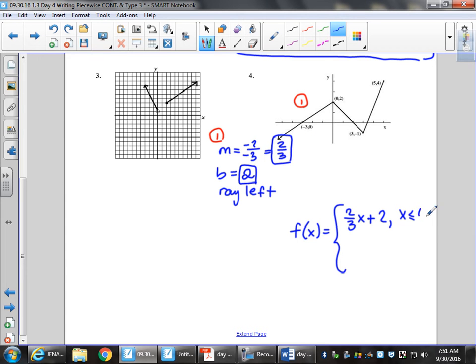X less than or equal to 0. Now, we don't have any real world scenario here to assign values. So as we make our way through, we will allow the equality to be with this piece, which means on this next piece, will we have an equal to 0? No. So just keep that in mind. That being said, let's move on to piece 2.